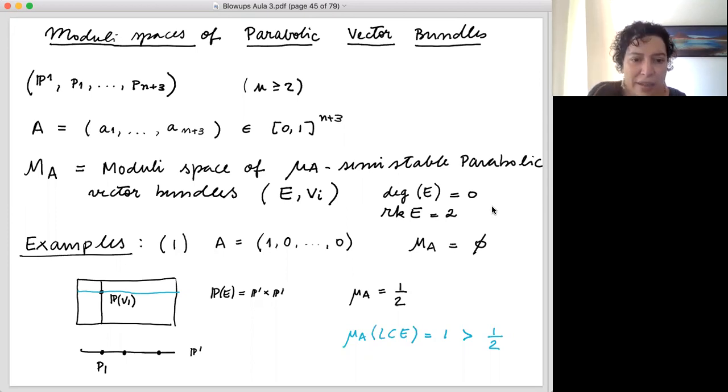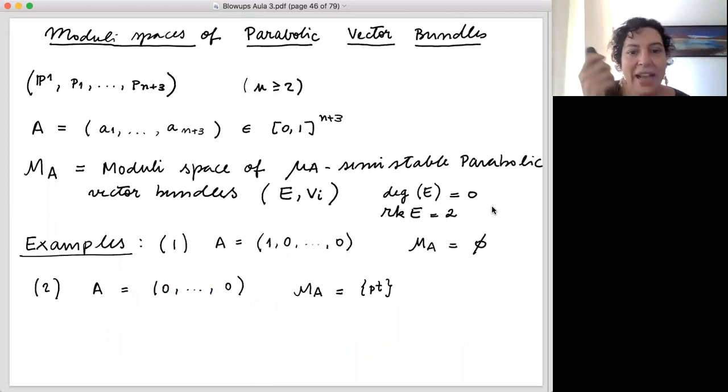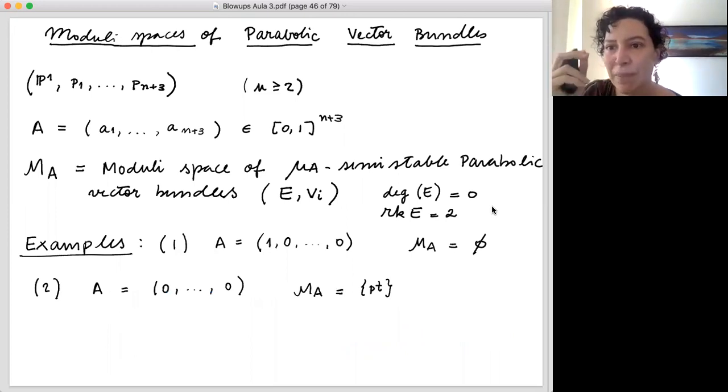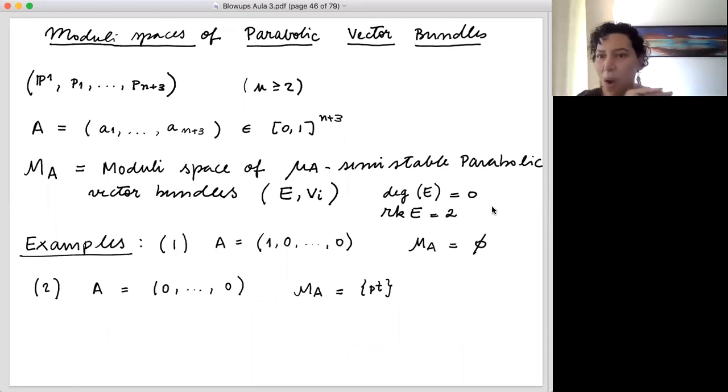In this case, no line bundle is stable, so the stable part is empty. As a moduli space, this point has only one element. You have only one possibility for the vector bundle E, which is the trivial vector bundle, and this is always destabilized by a line bundle of rank 1.